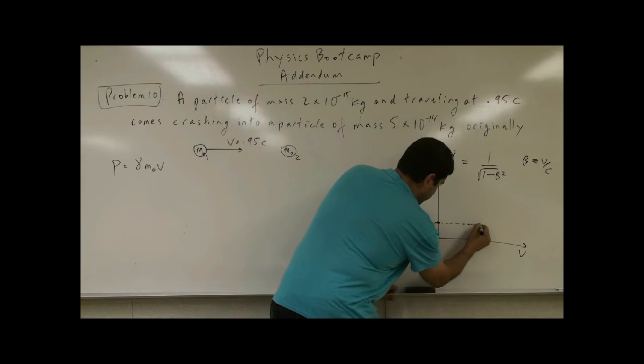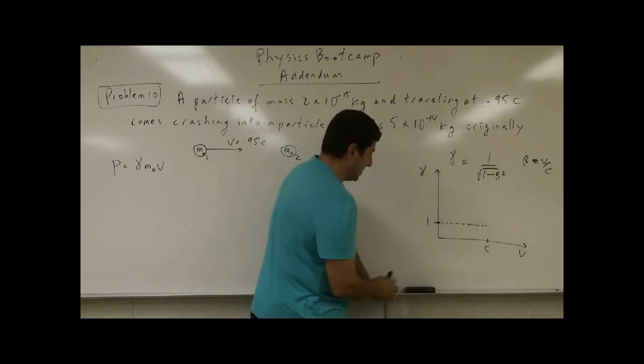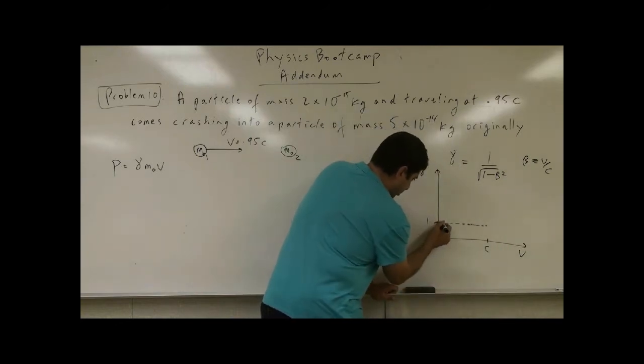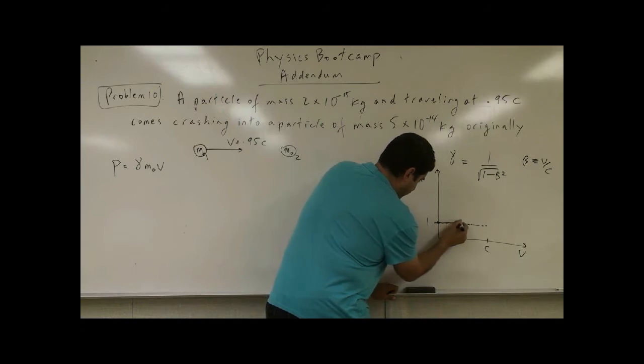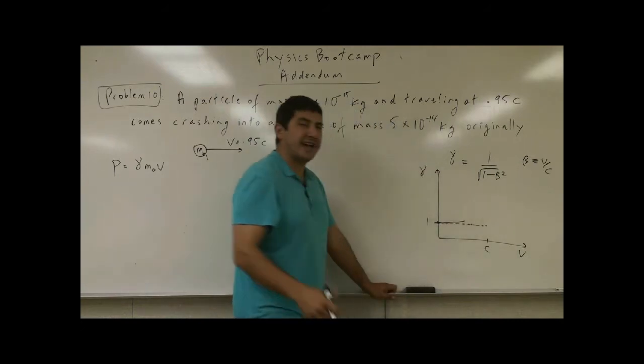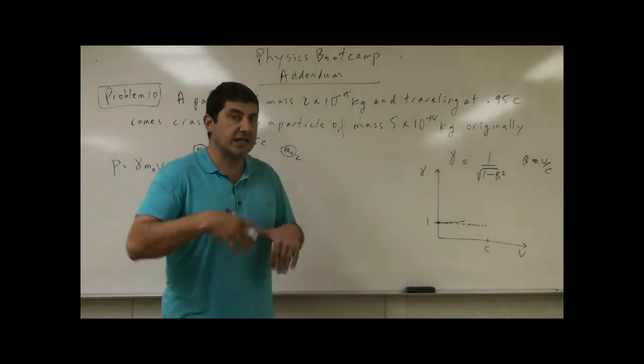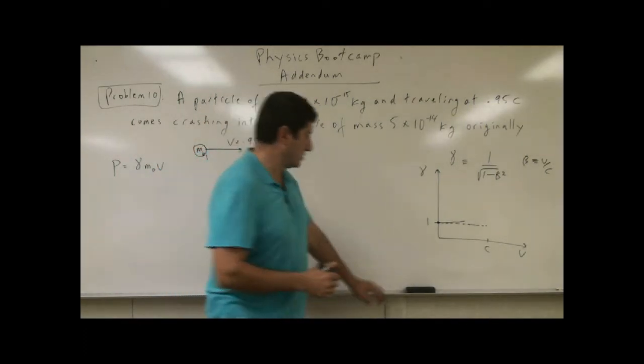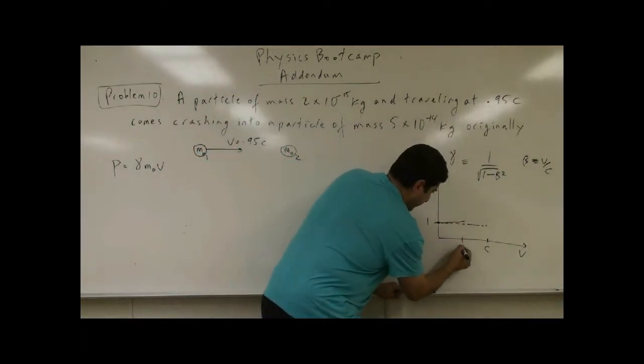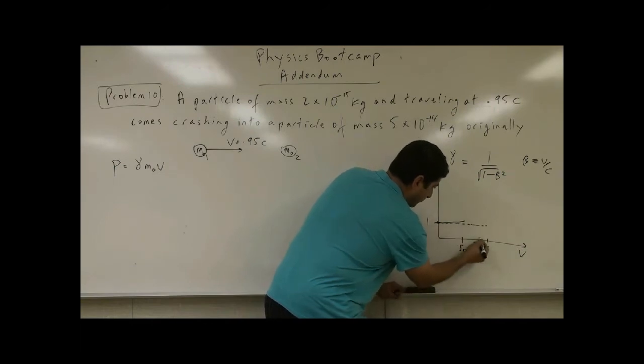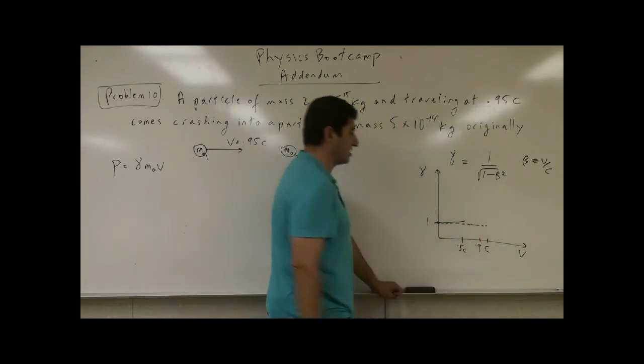And then this is the speed of light c. The gamma starts getting bigger and bigger. At half the speed of light, gamma starts getting bigger, and then it becomes really big at 90% the speed of light.